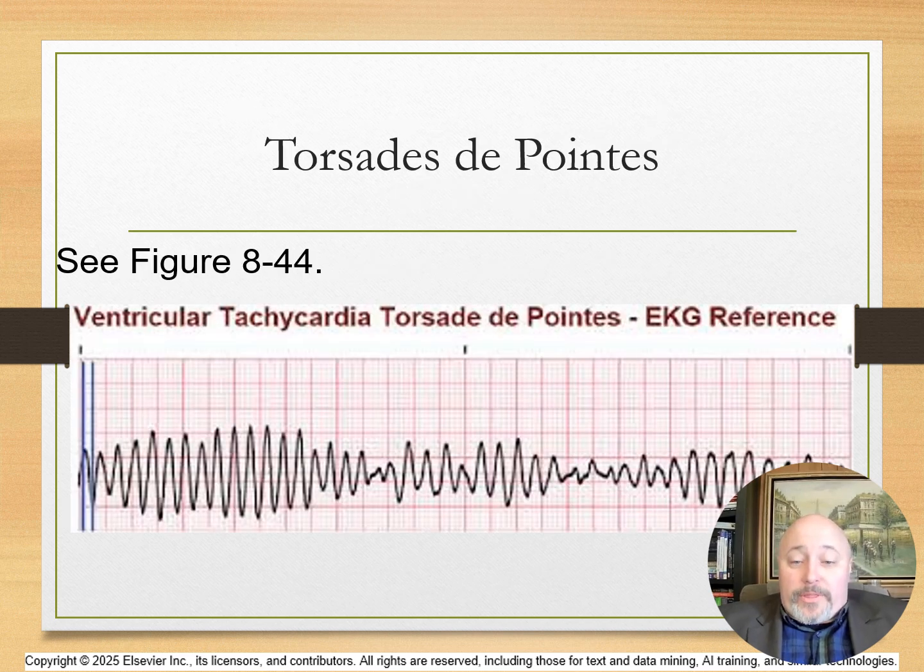Another phenomenon within VTAC you may have heard of is torsades de pointes. And this is a type of ventricular tachycardia that's caused by a prolonged QT interval. Unlike normal VTAC, where the QRS complex waveforms have similar shapes, torsades de pointes is characterized by the presence of both positive and negative complexes that move above and below the isoelectric line. This lethal dysrhythmia is treated as a pulseless VTAC.